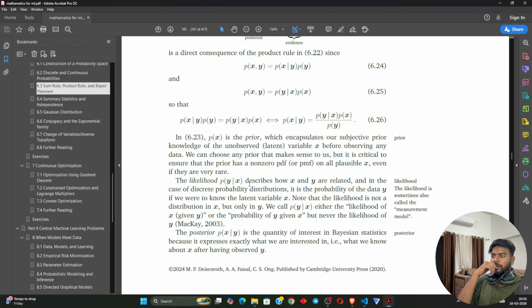The likelihood p(y|x) describes how, in the case of a discrete probability distribution, it is the probability of the data y if we were to know the latent variable x. Note that the likelihood is not a distribution in x but only in y. We call p(y|x) either the likelihood of x or the probability of y given x, but never the likelihood of y.